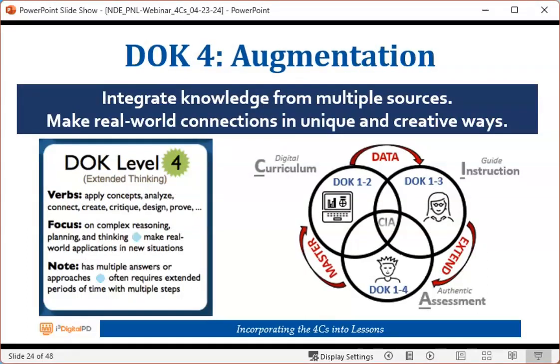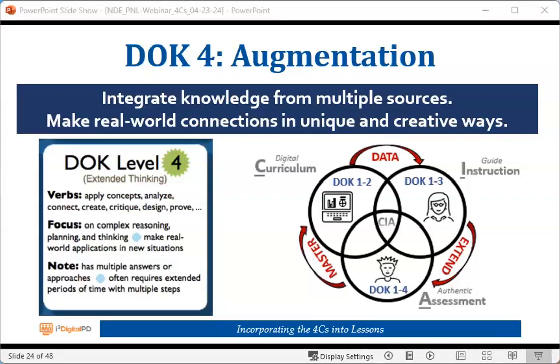This is augmentation. Augmentation is where they integrate knowledge from multiple sources. This is a great time where you can start thinking of cross-curricular projects, and they have multiple sources over an extended amount of time, oftentimes a project that takes a week or 2 to do, where they're transferring knowledge from one domain to solve problems in another. So they're applying concepts, analyzing, connecting, creating, designing.